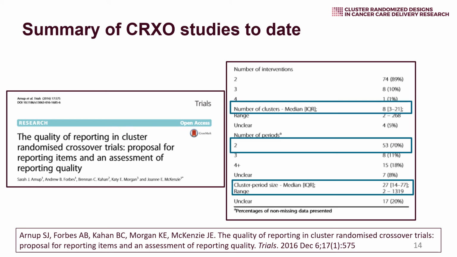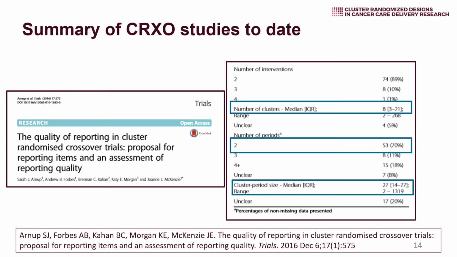In a recent review and assessment of cluster randomized crossover designs published up to and including 2016, we observed similar things as we see when we look at the characteristics of parallel cluster trials. They typically don't include many clusters. So the typical cluster crossover design trial only includes 8 clusters, and 75% of cluster crossover designs were observed to contain fewer than 21 clusters.